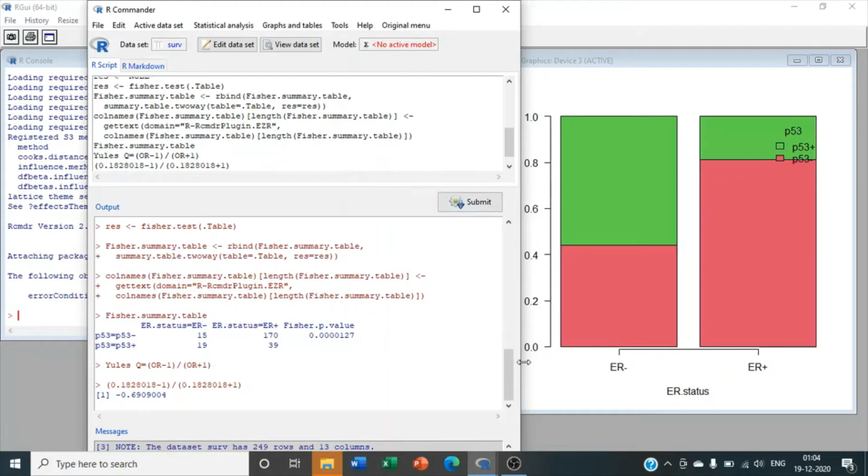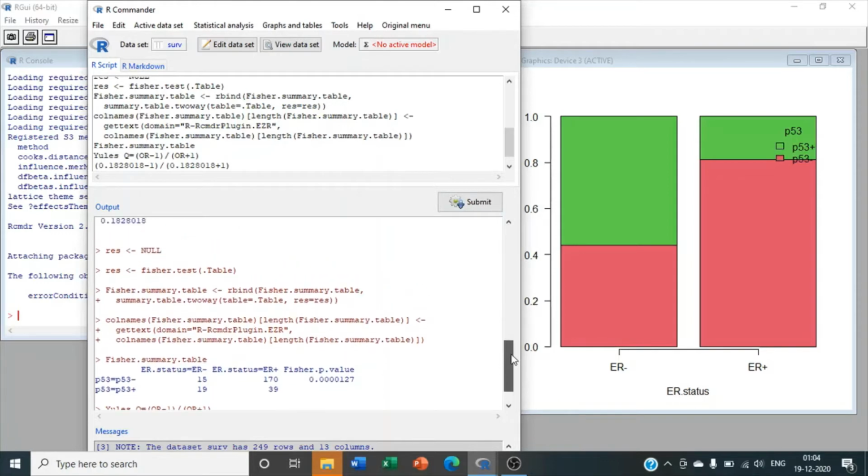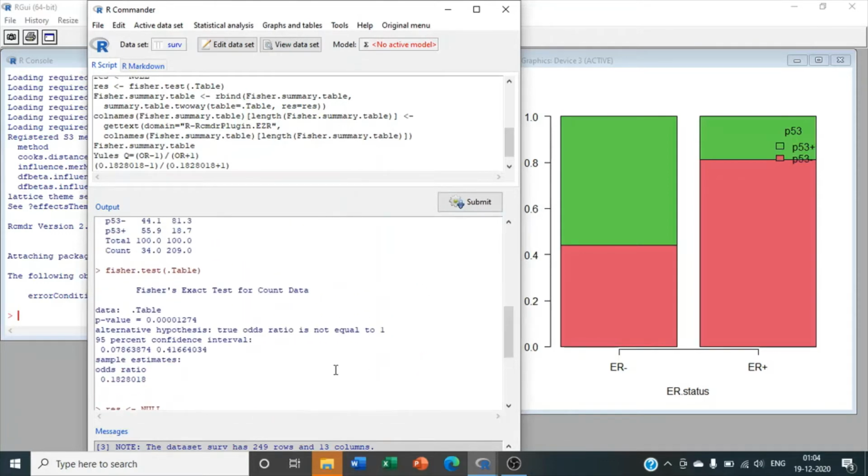Now, how do you assess significance of the odds ratio? You look at the 95% confidence interval. You see that both ends of the 95% confidence interval are quite low. Even the upper confidence limit of 0.41664034 is lesser than 0.5.